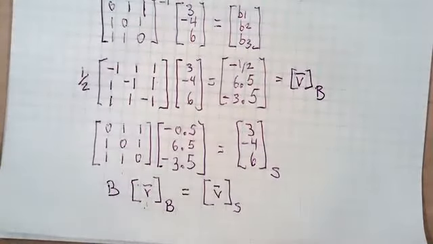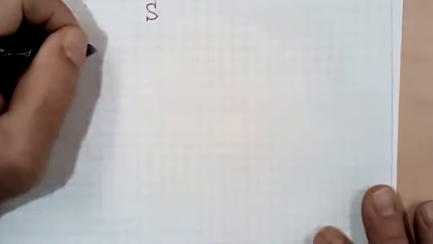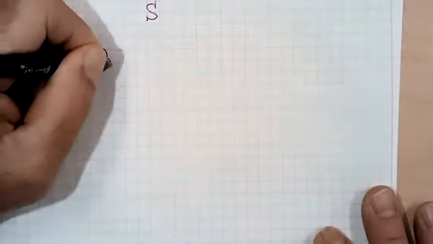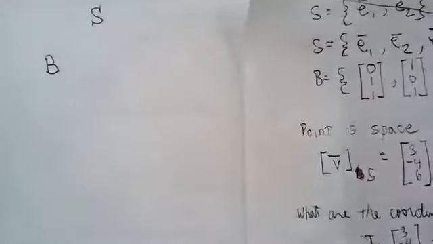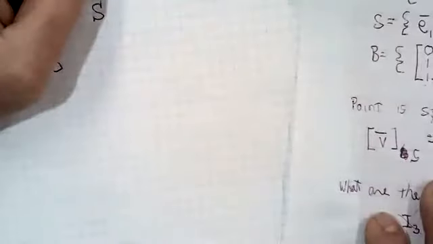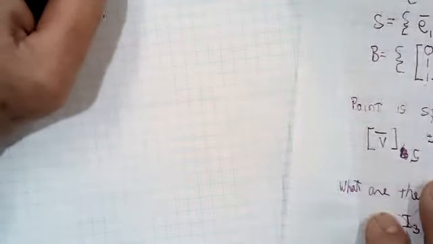Okay, so it works. Rather than use so many darn words, we have a basis which we call S. This is the standard basis. And we have an alternate basis B, which I called B. And I started with a vector named by its coordinates here, 3, -4, 6.